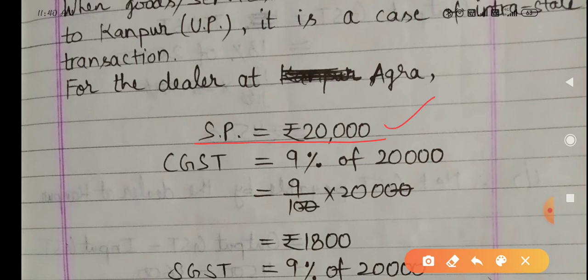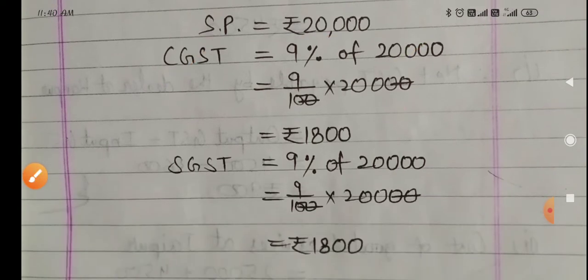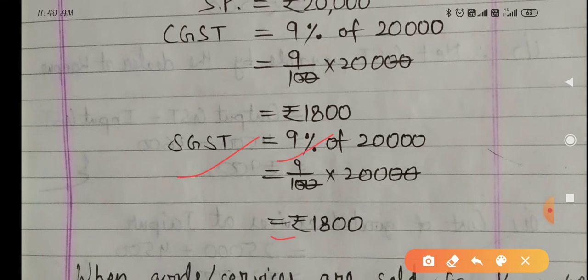And it is an intrastate transaction, so CGST and SGST both will be there and both will be equal. CGST 9% of 20,000, 1800 rupees. SGST also 9% of 20,000, 1800 rupees. So it is the output tax at Agra, but it is input tax at Kanpur, because the Kanpur dealer is purchasing the goods and services.